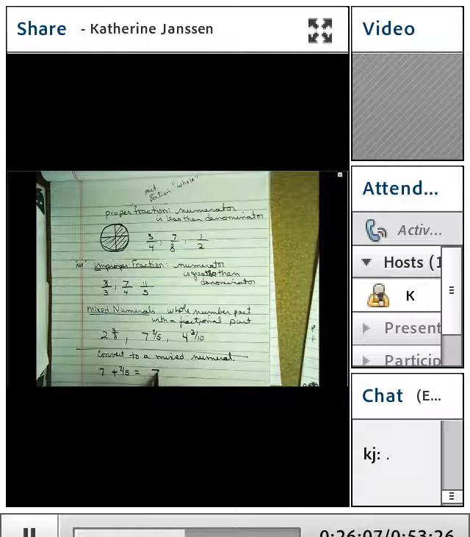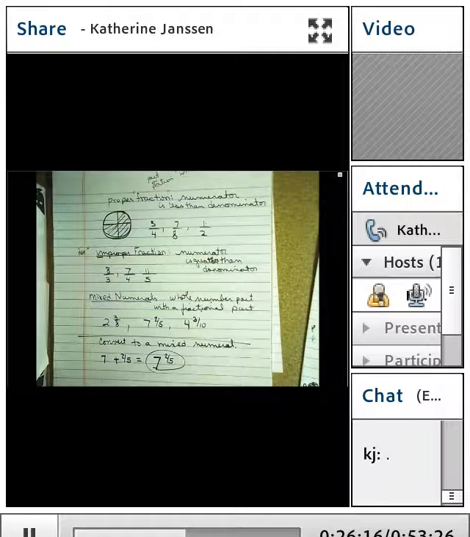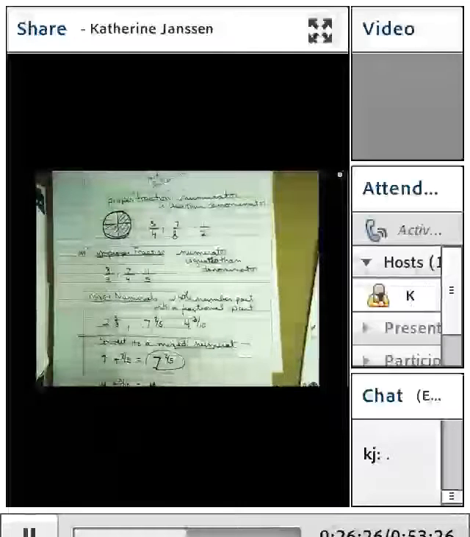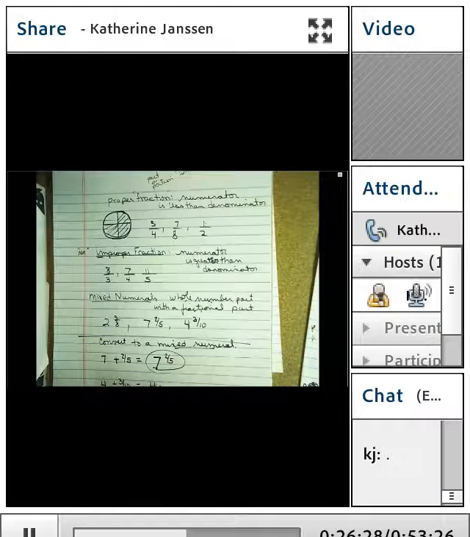So I have 7 and 2/5 as a mixed numeral. I'm supposed to add 4 plus 3/10 and show my answer as a mixed numeral. That is with a whole number part and a fractional part. So that would be the mixed numeral 4 and 3/10.